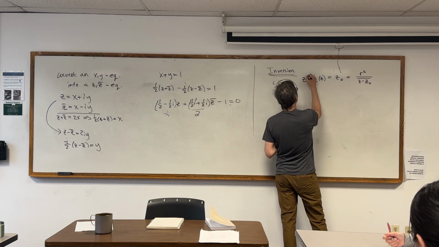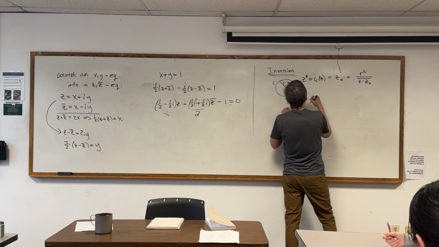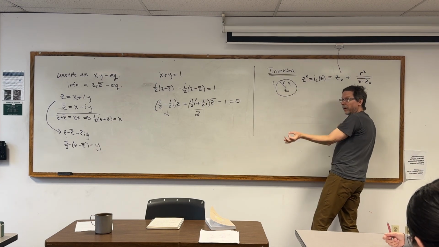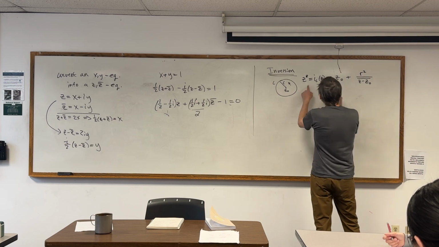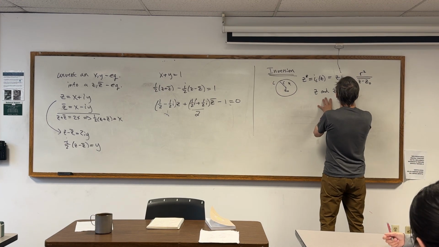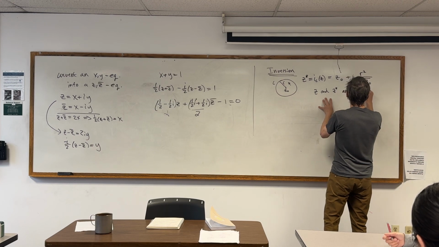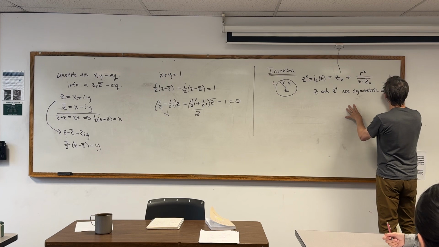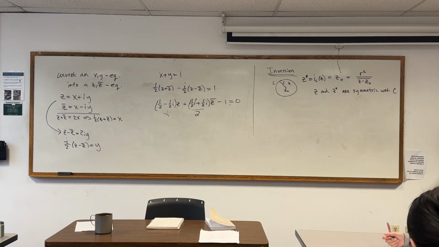And then this is called Z star. We use that star notation to indicate a flip, an inversion. Z and Z star are said to be symmetric with respect to the circle. So WRT is with respect to the circle C.